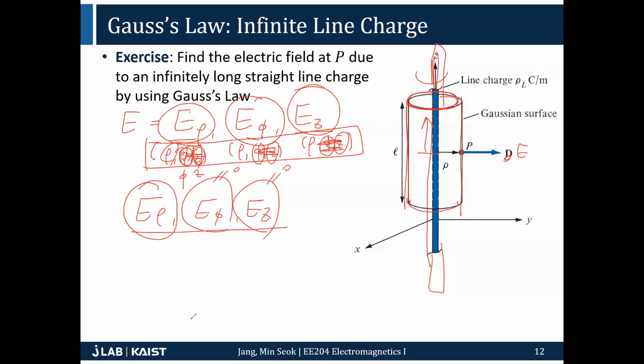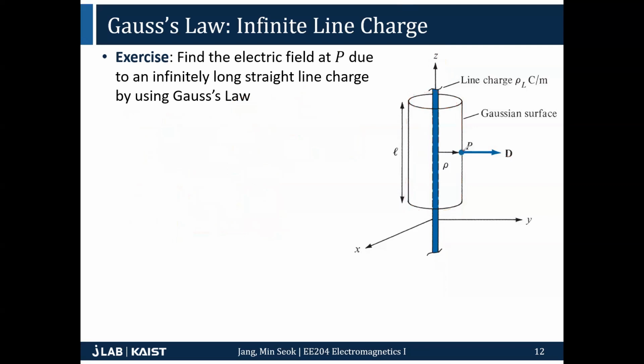And that's what you know. But why? What's wrong if you have an Ez component? Let's say you have an Ez component. Then which symmetry operation reveals that this is not reasonable?